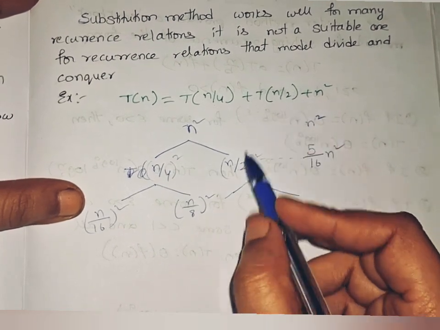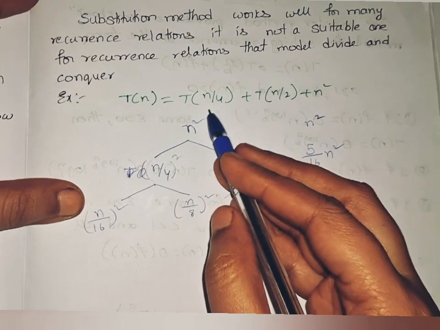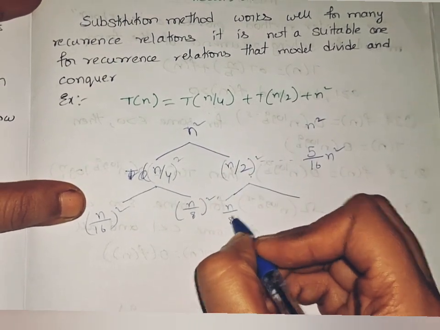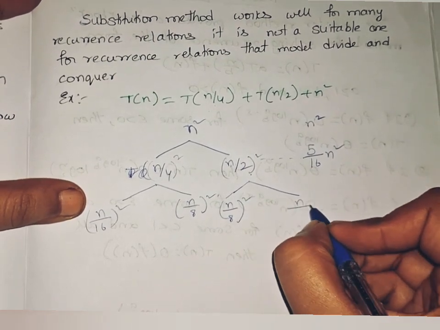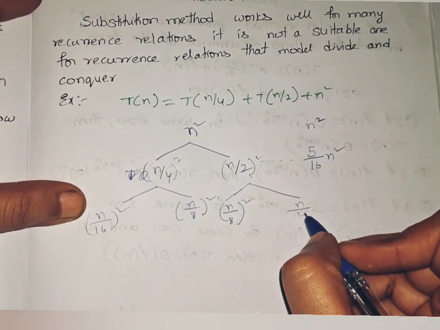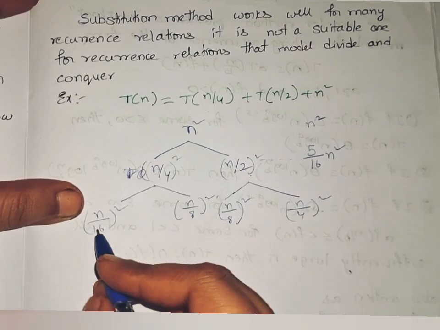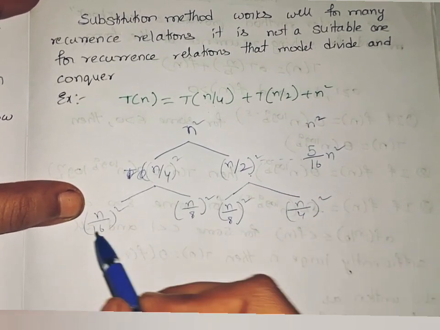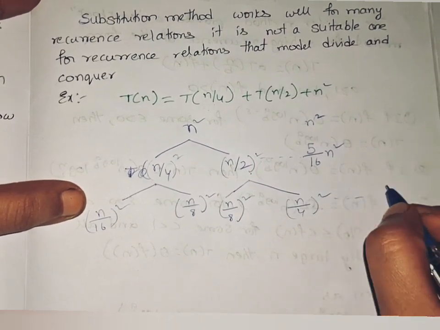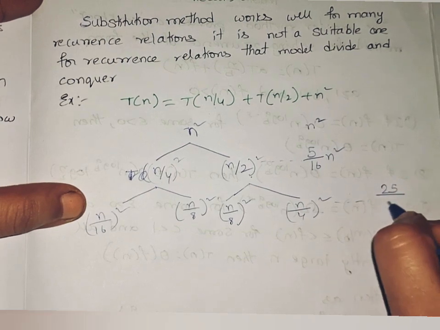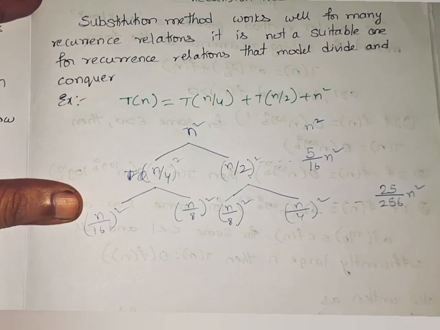If you combine all these values, (n/16)^2 plus (n/8)^2 plus (n/8)^2 plus (n/4)^2, it gives the cost 25/256 n^2.